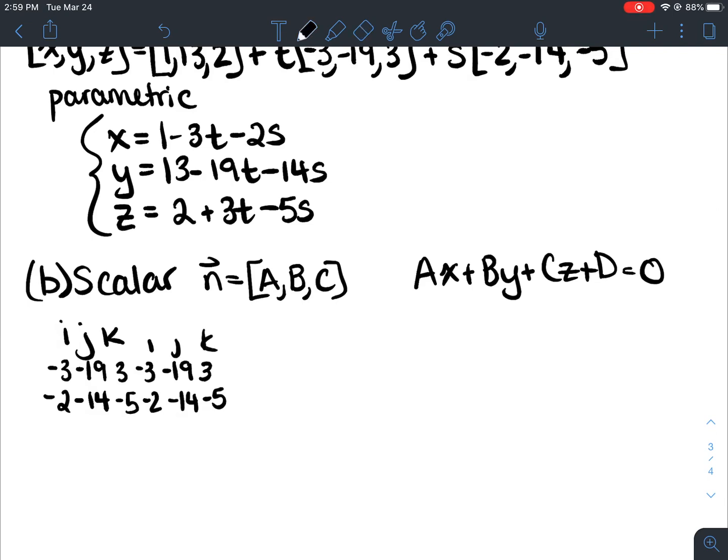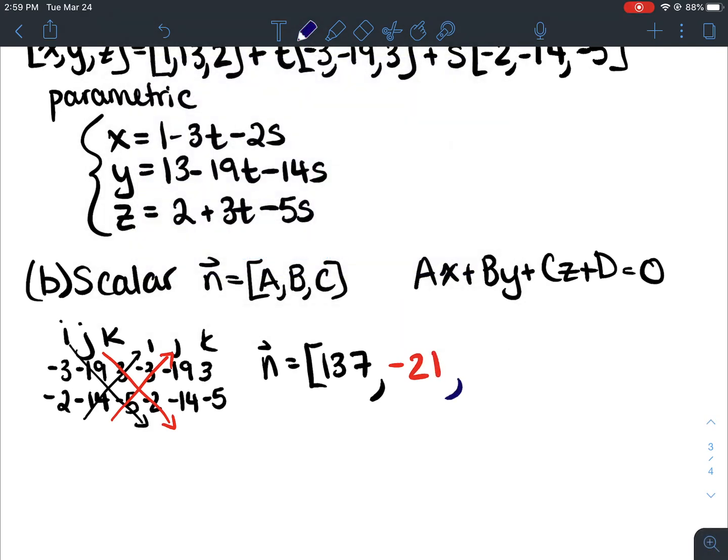Okay, so cross product's gonna be 19 times -5 minus -14 times 3, which will give me 137. Next step, -6 minus 15, so -21.